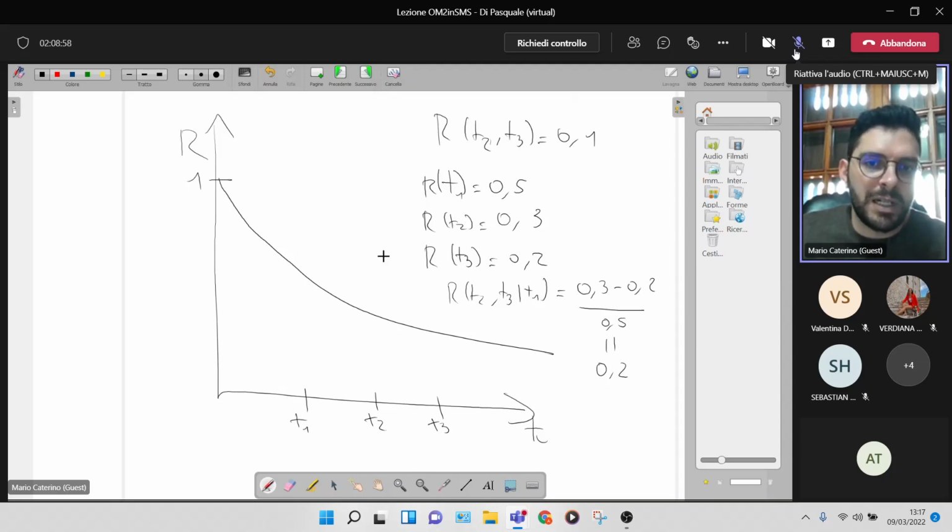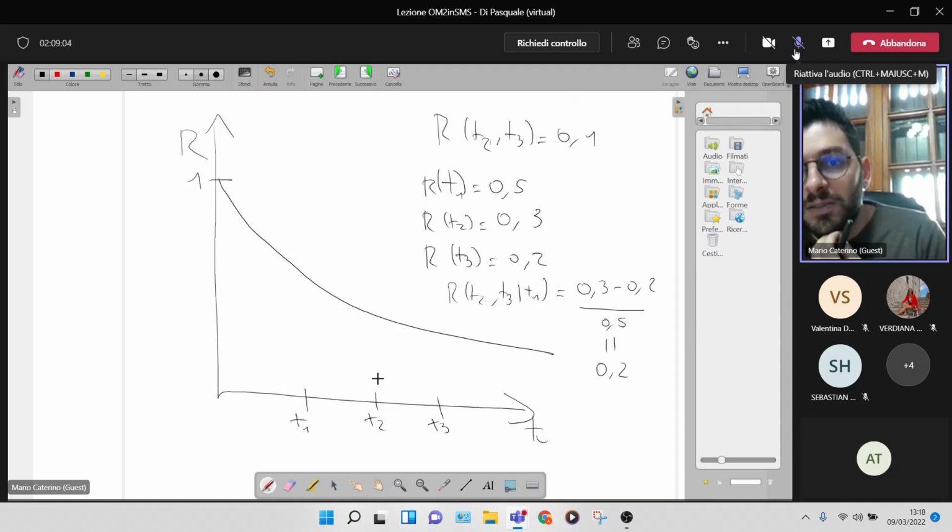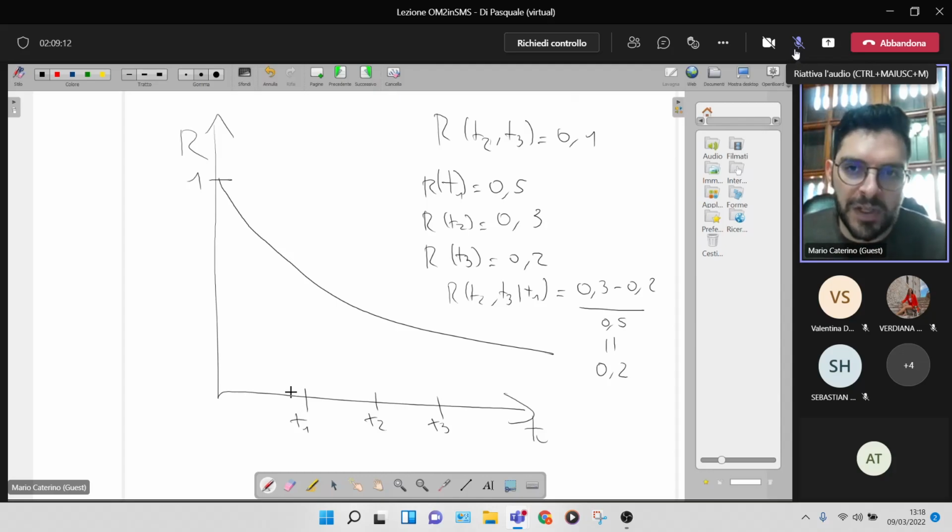But when we try to evaluate the reliability, considering instead the fact that the system is already arrived, is already passed for another instant of time, in that case, that reliability increases.